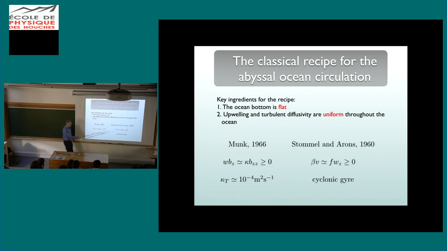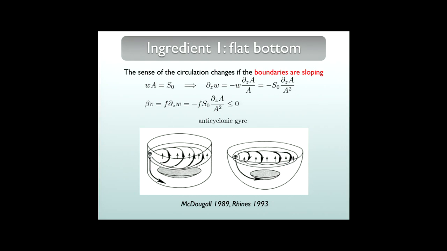Well, then this term is positive, which means that you have a poleward flow in the ocean interior that has to be returned south along a western boundary current, so you get the cyclonic gyre circulation. So these were the two fundamental assumptions. Now we'll see that essentially all three of these assumptions seem to fail in various ways when you start looking at what the ocean truly looks like. And we'll start with the first assumption, that the ocean bottom is flat.